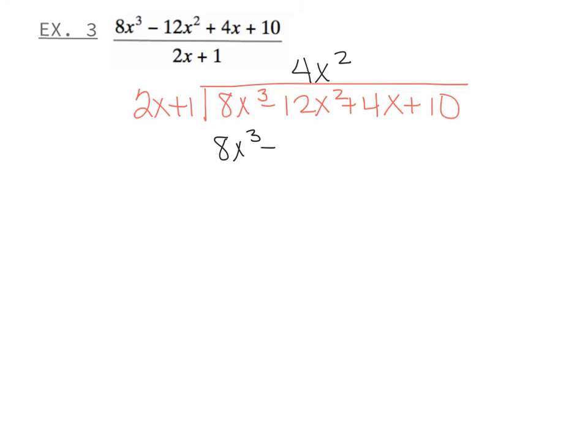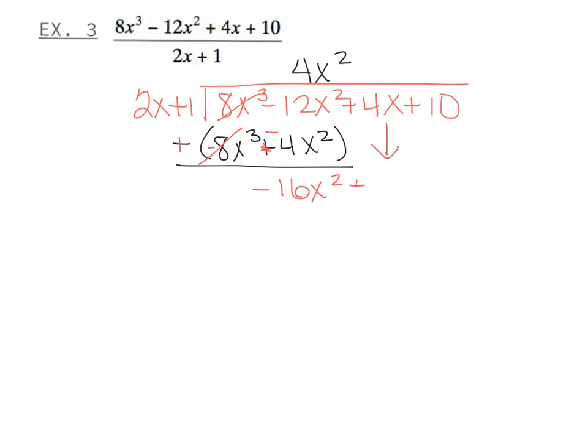4x squared times 1 is plus 4x squared, parentheses minus. So I'm going to distribute that minus, so it's a plus, minus, minus. 8 minus 8 cancels. Negative 12x squared minus 4x squared gives me negative 16x squared.